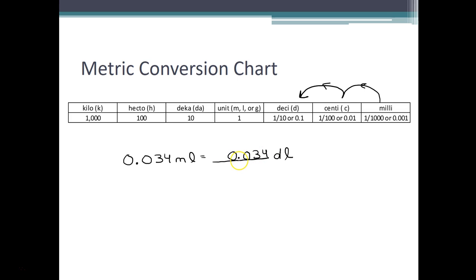We've already got our decimal here. We got to hop it 1, 2 to the left. So we end up with 0.00034 deciliters. And I know it's deciliters because it's just a D. Decaliters would have been DAL. And there you go.